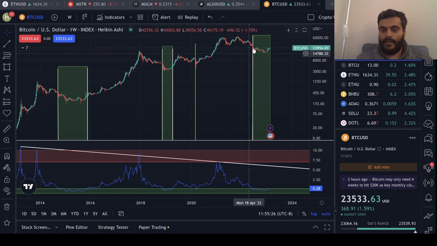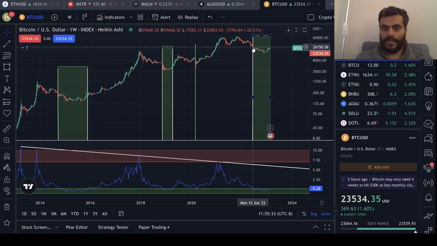Coming to this cycle, in this bear market, since June of 2022, this indicator, the MVRV Z-score, has been flashing undervaluation for Bitcoin's price, considering 23k as the area where, in June of 2022, the Z-score started flashing undervaluation and entered the undervaluation signal.